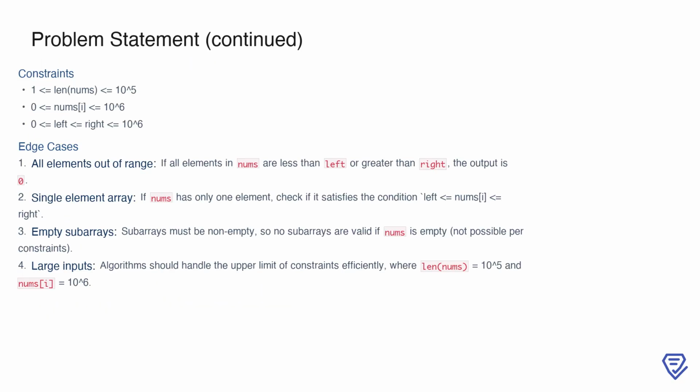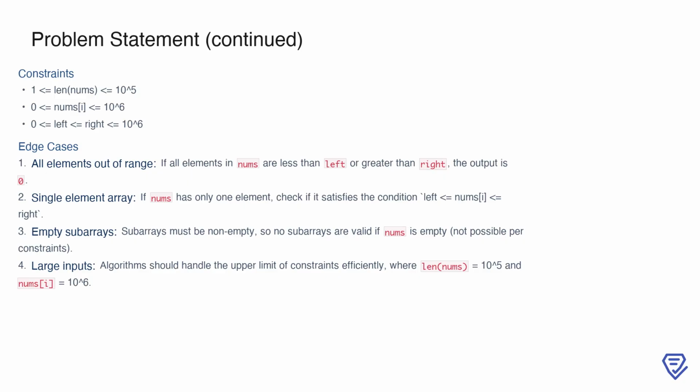Finally, the problem comes with specific constraints and edge cases. The length of nums can go up to 100,000, so our solution must handle large inputs efficiently. Also, the values in nums can range from 0 to 1 million, which means we need to account for potentially large numbers during our calculations. Some edge cases to consider include when all elements in the array are outside the range defined by left and right.